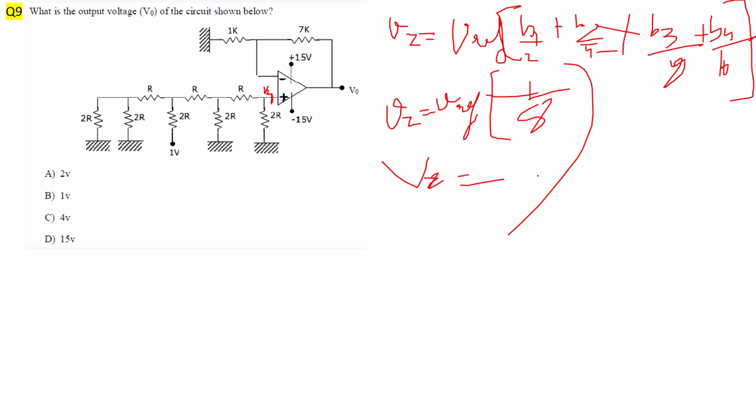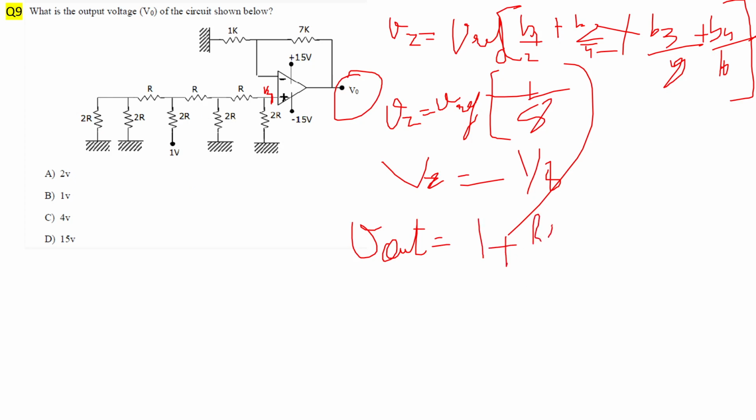Vref is 1 volt, I think. So Vz is 1 by 8. Then your Vout. For a non-inverting case, your gain is equal to 1 plus Rf by R1.